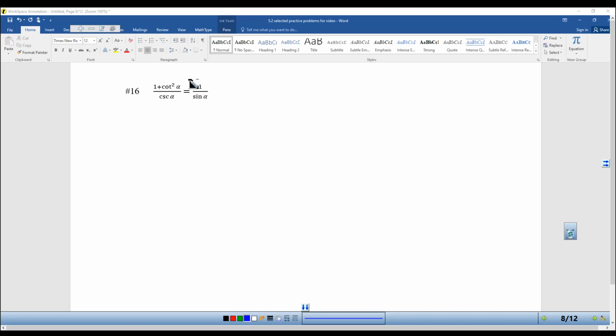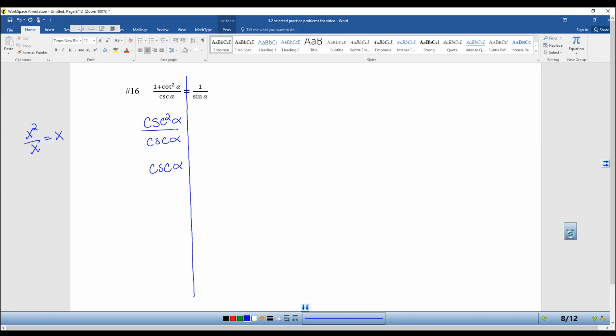All right, number 16. As usual, I start with making my line. And then right away, I see 1 plus cotangent squared alpha, and that is an identity. It is the same as cosecant squared alpha, which is perfect because I have a cosecant of alpha on the bottom. So just like x squared over x becomes x, cosecant squared alpha over cosecant alpha becomes cosecant alpha.